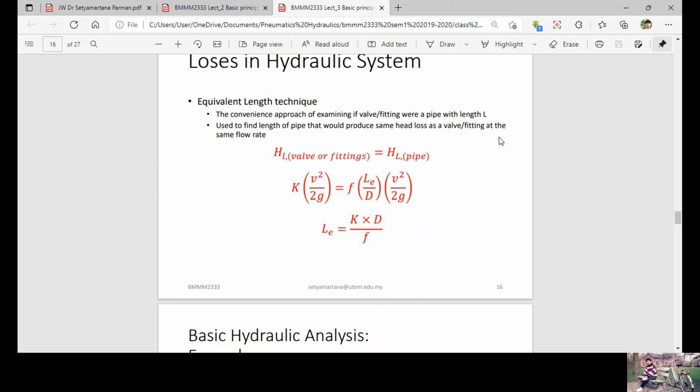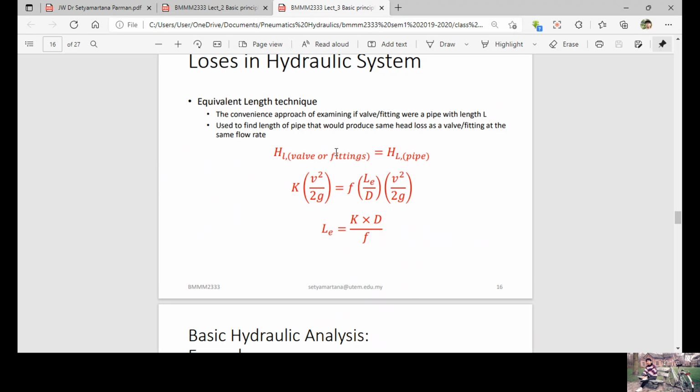So, okay, the head loss due to a valve or fitting is made equivalent to the head loss in a straight pipe of a certain equivalent length.